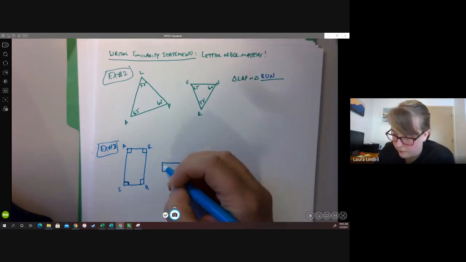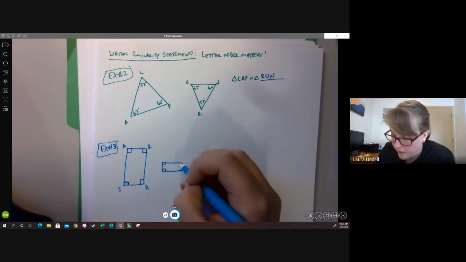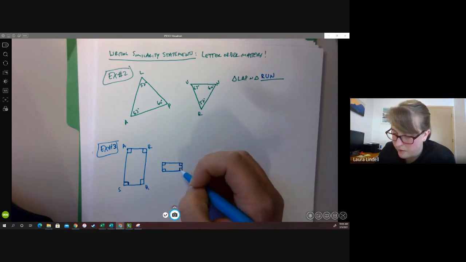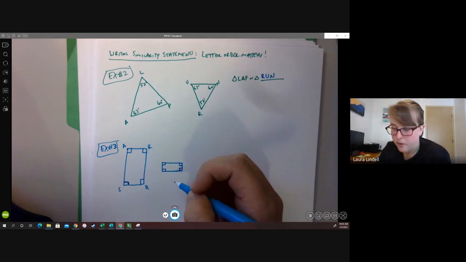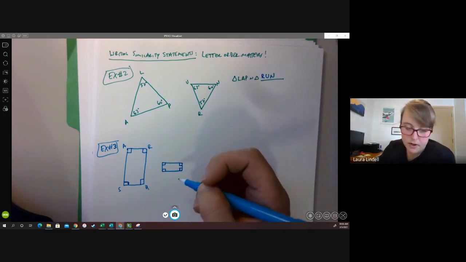Maybe you've got a rectangle going here. And it's a little harder when you've got a rectangle because you know all the corners are the same. So this one will require a little bit of working with the sides and a little bit of eyeballing things.